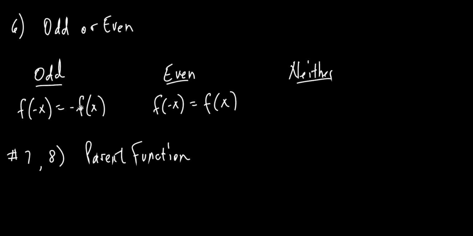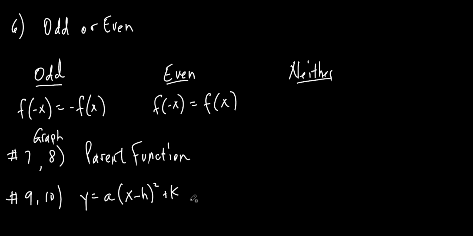Now, number 9 and 10, what do you think you're going to do? These are all graphs, by the way. So for 9 and 10, you do that translation stuff. Translation means you move it up or down, left or right. So I'm going to put some stuff in there. We just talked about that when we went over the homework.